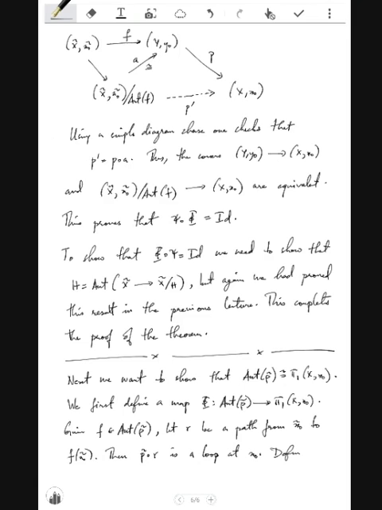So define phi of f to be equal to the homotopy class of this loop in the fundamental group.